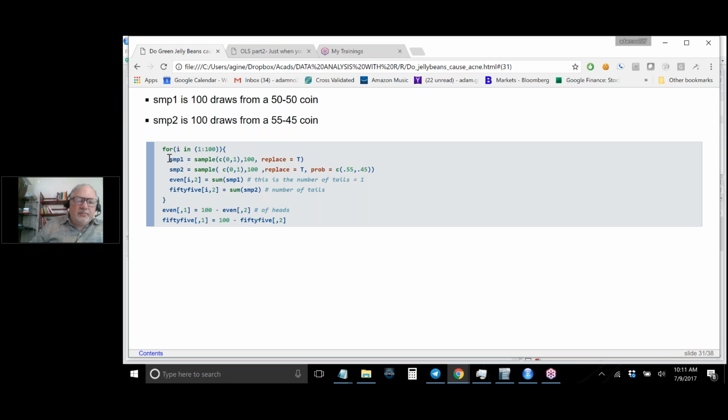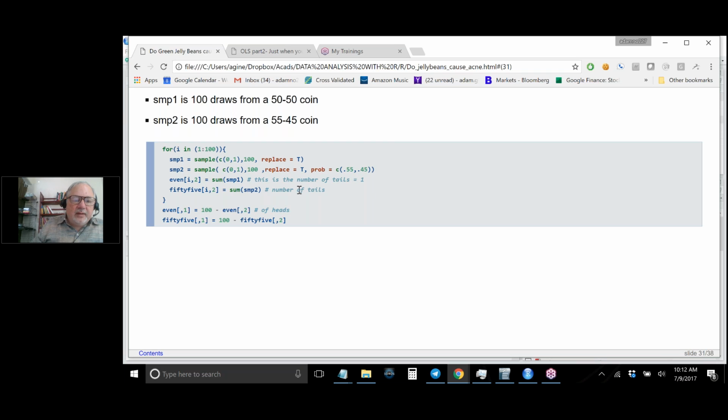So what does this code do? I run from i equal 1 to 100, and each time I sample from 0, 1, 100 times, so that's sampling from a fair coin 100 times, and for sample 2 I sample 0, 1, 100 times, but I give it the probability of a heads is 0.55, and the probability of a tails is 0.45.